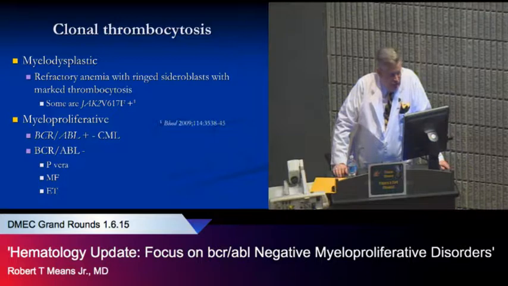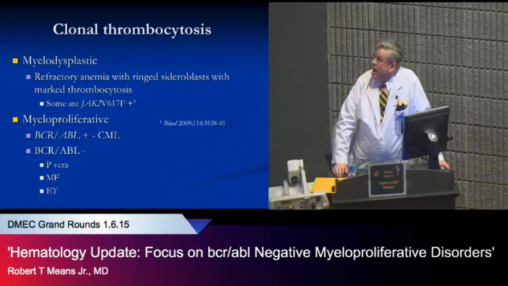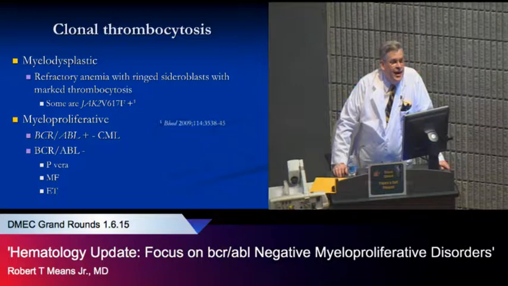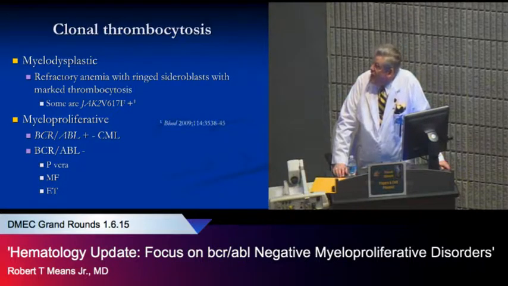of a hybrid state. You can have chronic myelogenous leukemia associated with thrombocytosis. I have been fooled by that on 2 occasions in the era when it was harder to get genetic testing, but nowadays, with the ready availability of PCR, that really shouldn't happen.